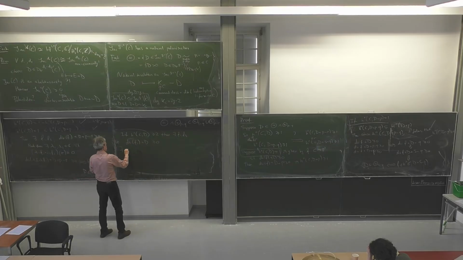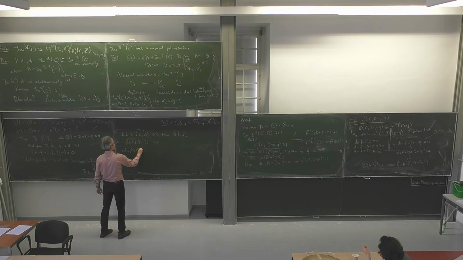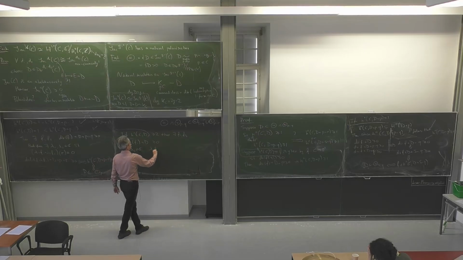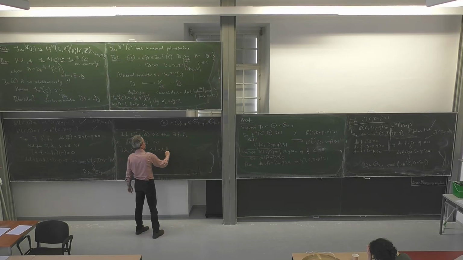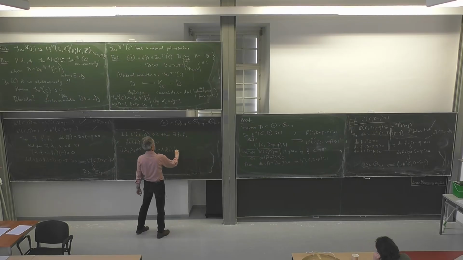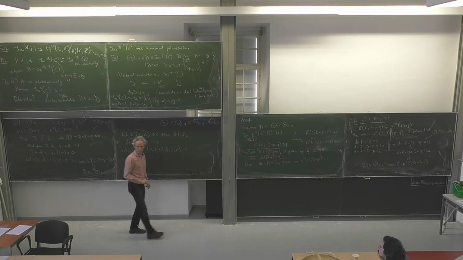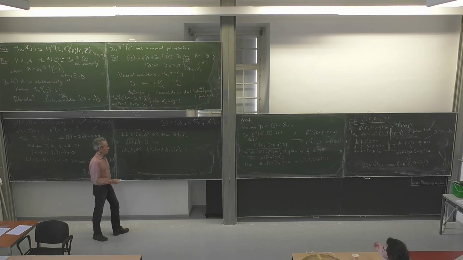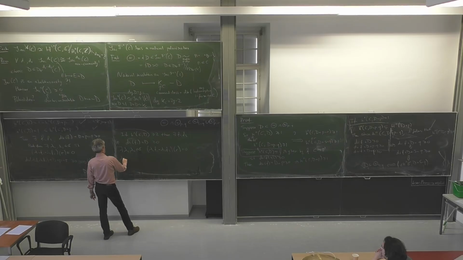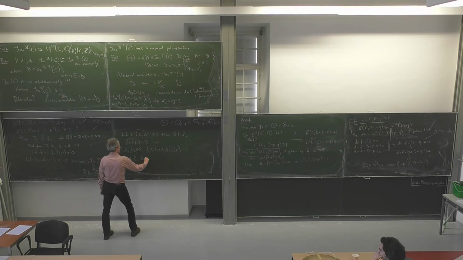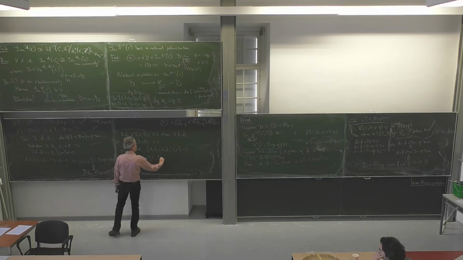So there exist lambda 1, lambda 2 complex numbers, such that lambda 1 f1 plus lambda 2 f2 still vanishes at R. So then this means that lambda 1 f1 plus lambda 2 f2 gives me a section of D minus R.